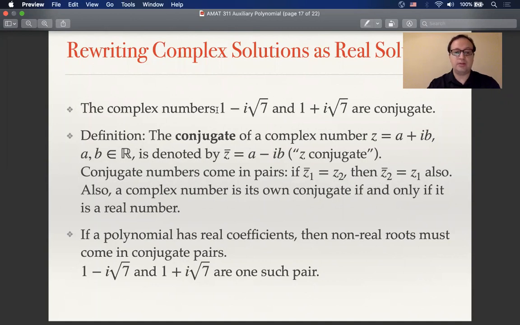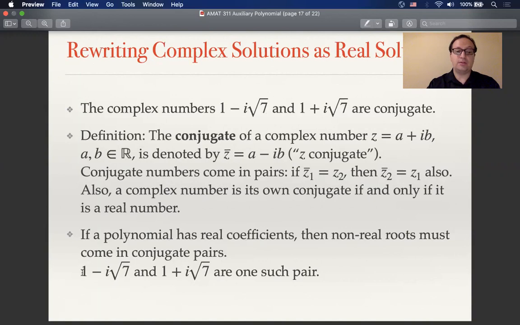It turns out that when the equation has real coefficients, the auxiliary polynomial, which has the same coefficients, then also has real coefficients. And then if a polynomial has real coefficients, then any non-real roots, like here, 1 minus i square root of 7 and 1 plus i square root of 7, must come in conjugate pairs.